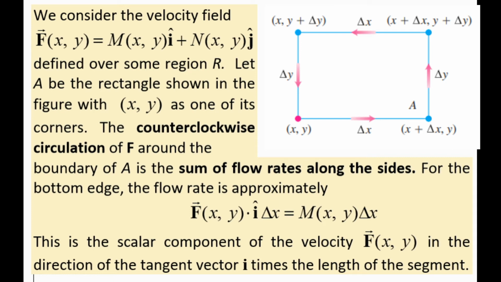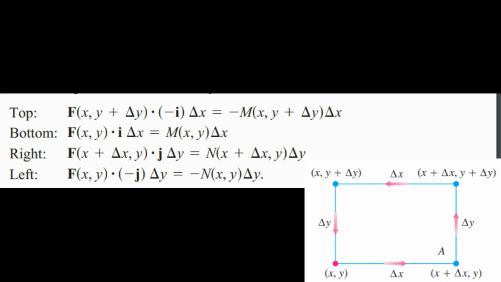See here, F(x, y) · i Δx is the scalar component of the velocity F(x, y) in the direction of the tangent vector i times the length of the segment. The rates of flow along the other sides in the counterclockwise direction are expressed in a similar way.